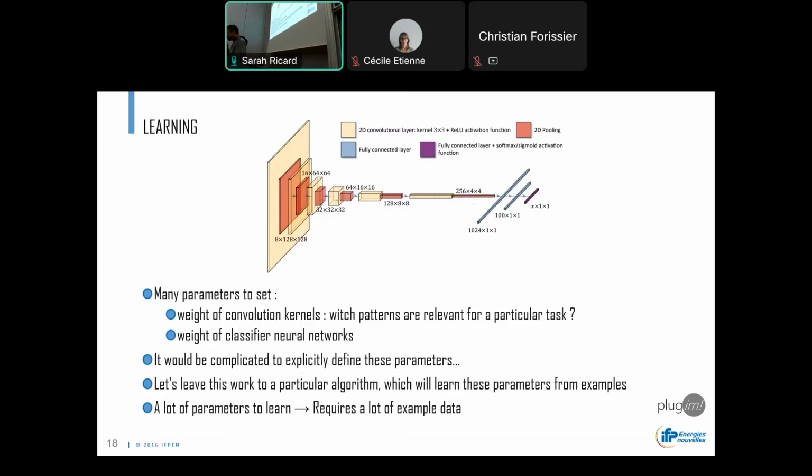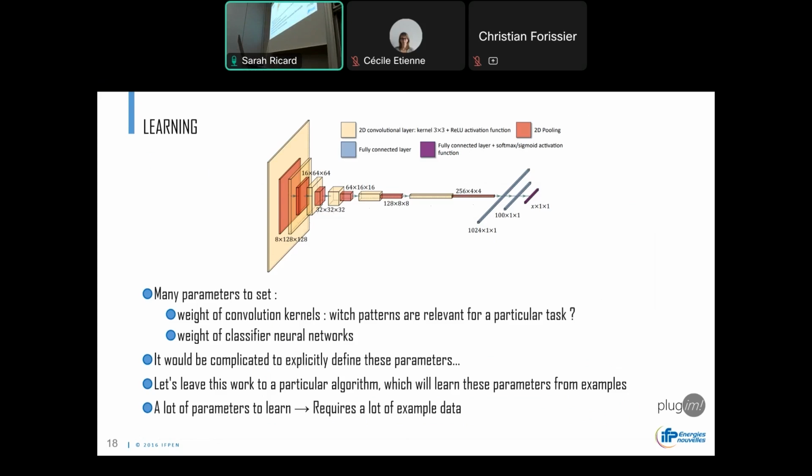As I explained in the beginning, deep learning is a way to solve some difficult problems. We don't want to explain how to solve the problem. We just want to show some examples, and we want an operation to mimic the solution of this problem for other data.